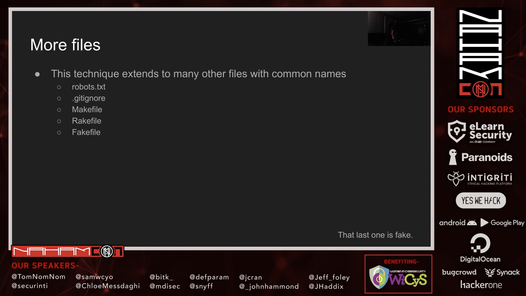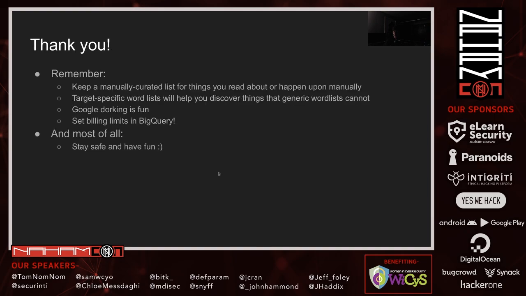I reckon if you pulled all the robots.txt files on GitHub, or at least a decent sample size of them, you'd probably find some interesting paths in there. .gitignore files, again, by definition, the files listed in there should probably not be exposed on a web server. So it's an interesting source of path names. Make files, rake files, those kinds of configuration files in general often contain lots of paths to potentially interesting files.